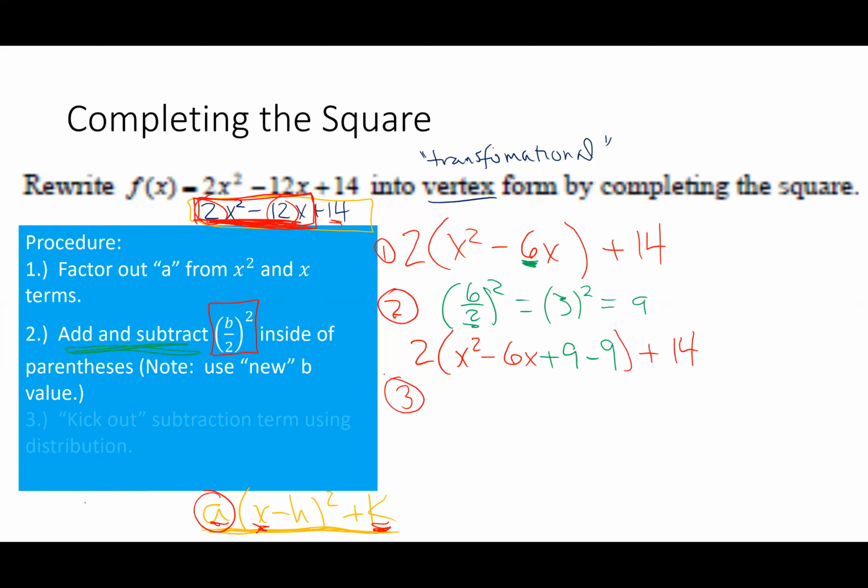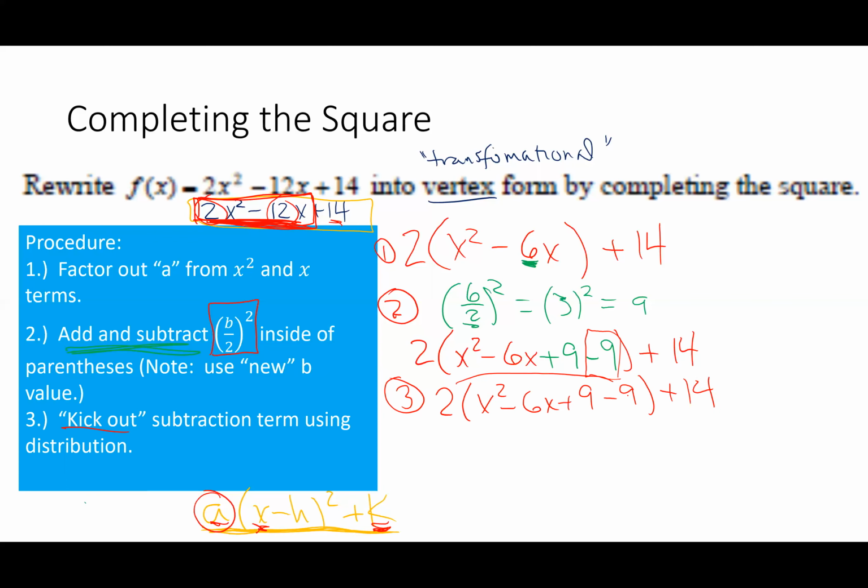So the third step in our process is kick out the subtraction term using distribution. So this guy right here is actually bad. So what I'm going to do, plus 9 is really cool, but this minus 9 isn't. So what I'm going to do is take the 2, distribute it only to the negative 9.